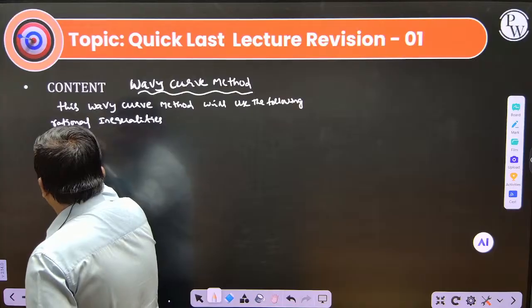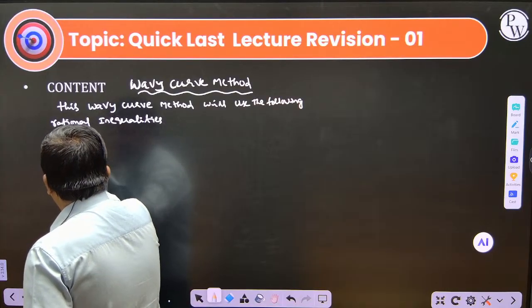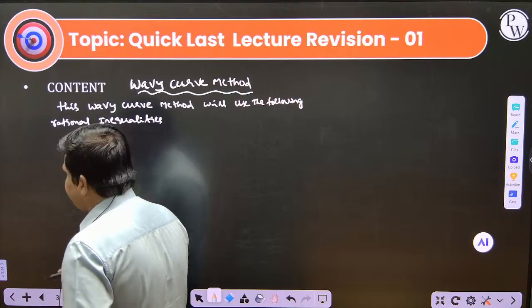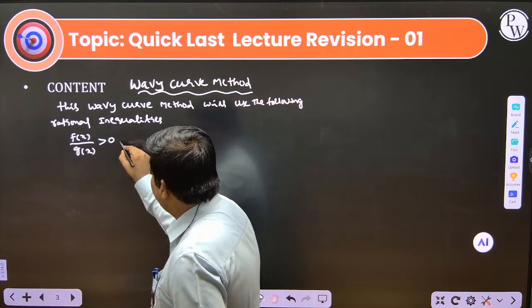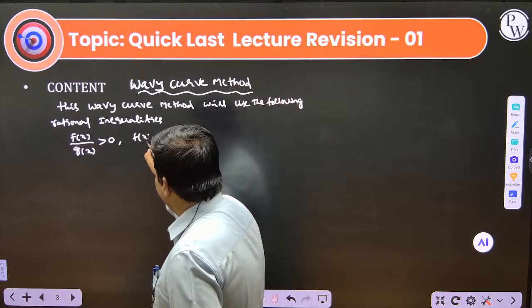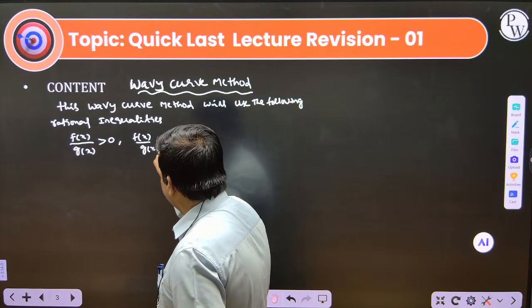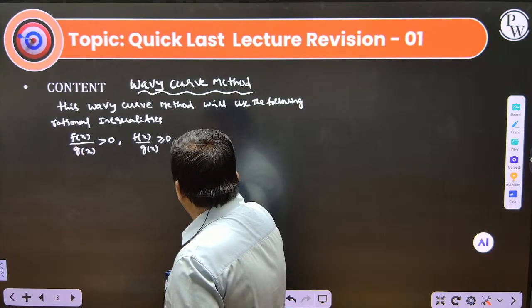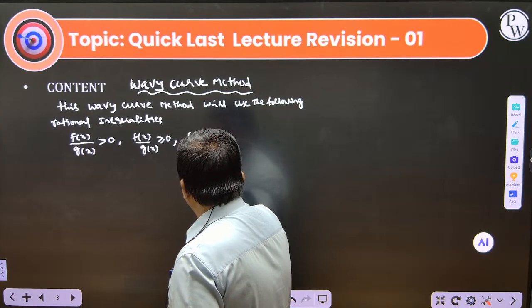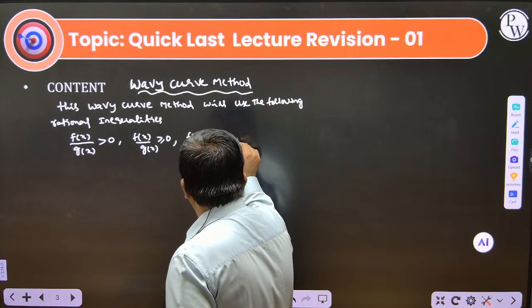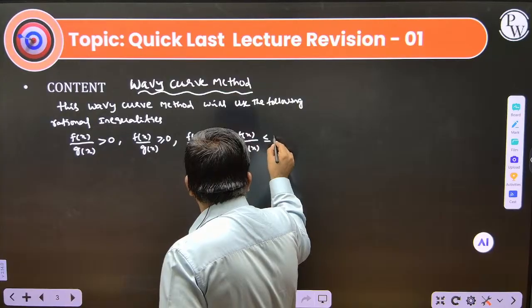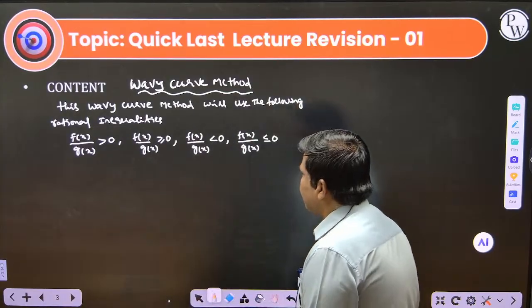What are those rational inequalities? f of x by g of x greater than 0, f of x by g of x greater than or equal to 0, f of x by g of x less than 0, f of x by g of x less than or equal to 0.